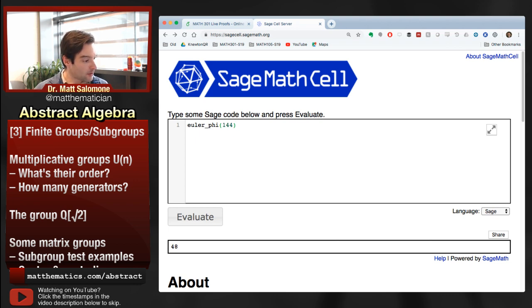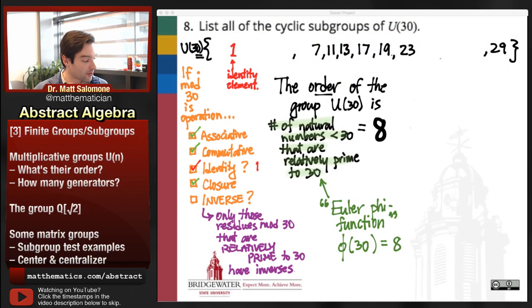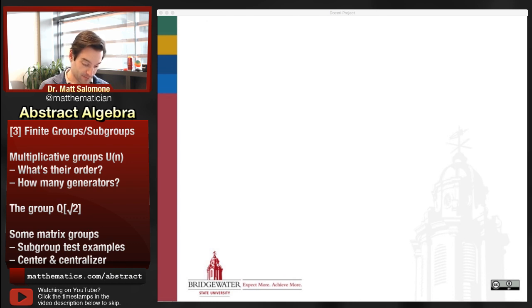So I want to return to the original question that we asked, which is, now that we have a better understanding of what this group is, it's the mod 30 multiplication group, and it has these 8 elements because these are the 8 natural numbers less than 30 that are relatively prime to 30. Now let's return to the question itself, which asks us to list the cyclic subgroups of U30.